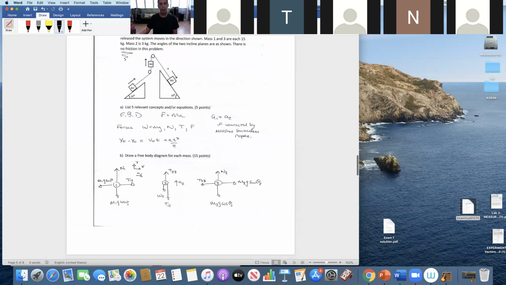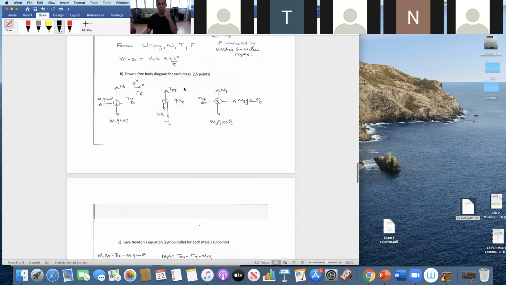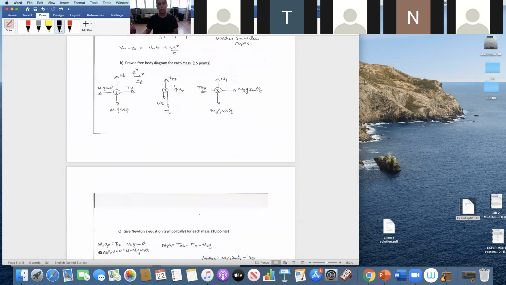The tensions, you have to make sure that the tensions are all on there. Tension between 1 and 2, tension between 2 and 3. These are third law pairs, equal and opposite. There better be an opposite tension here to the tension here, and they're the same force, right?